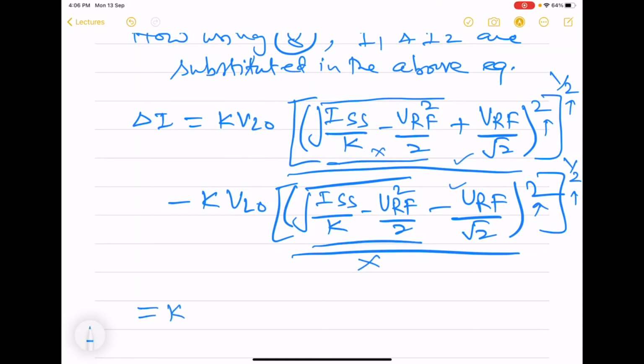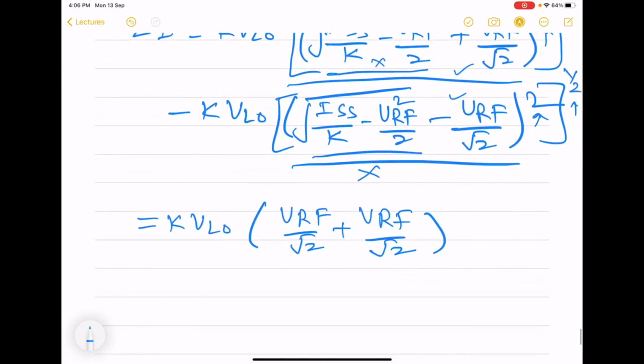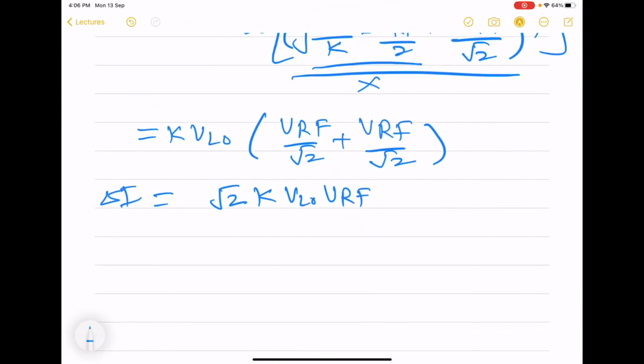Keep in mind this is exact, there is no approximation involved here. So this becomes VRF by square root 2 minus minus, this becomes plus VRF by square root 2. So this finally becomes square root 2 K VLO VRF. This is delta I.